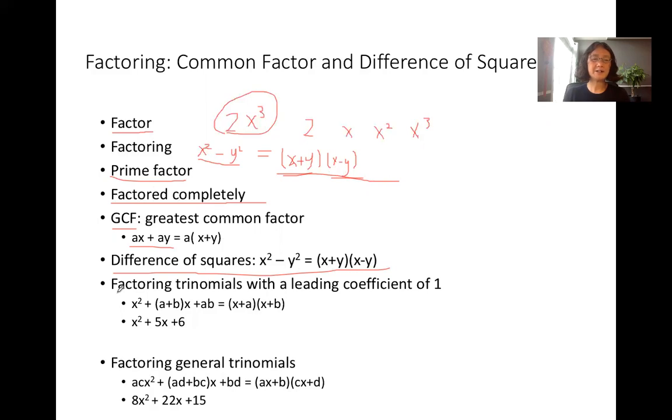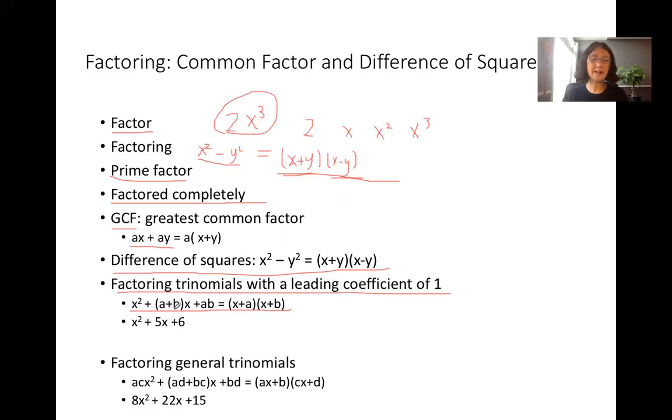Next one is factoring trinomials with a leading coefficient of 1. You base it on this formula. The important thing about this formula is that the coefficient of the highest term is 1. And second, the coefficient of x is a plus b.